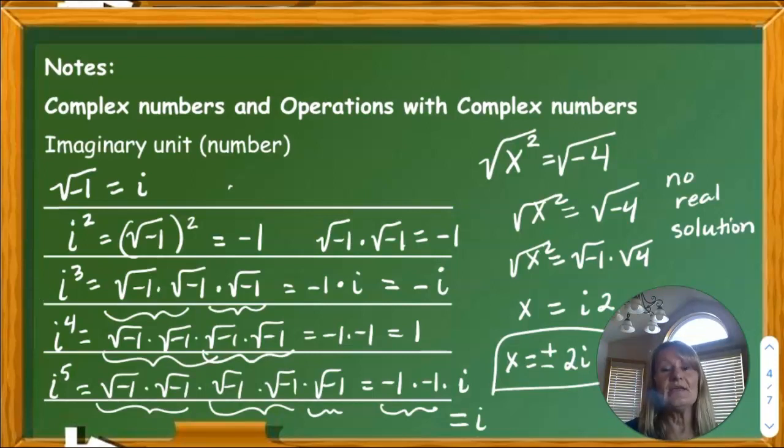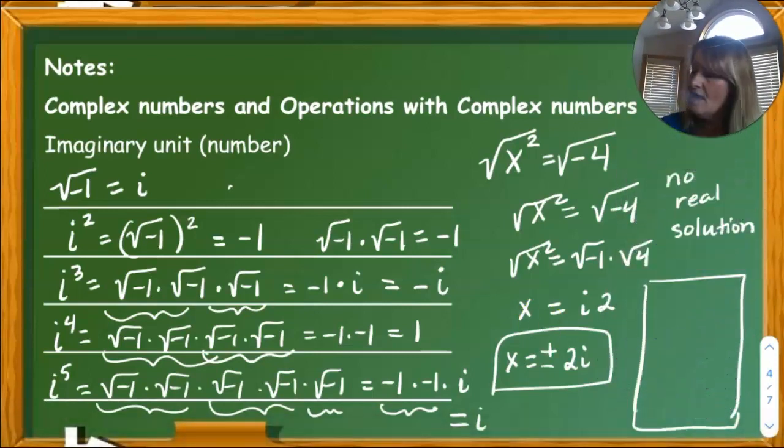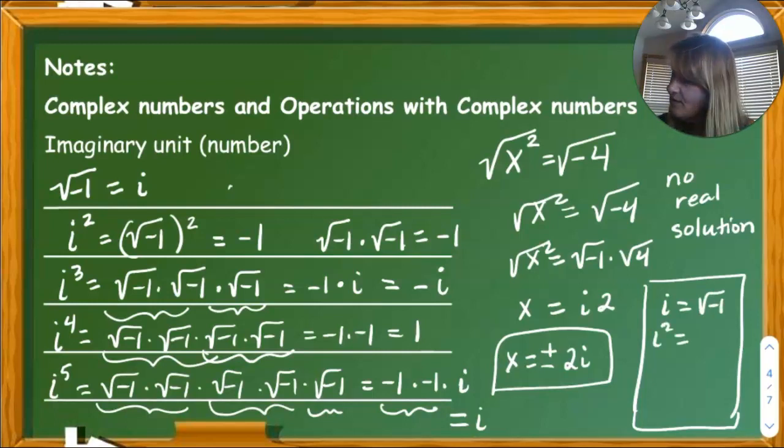But it does become a very interesting little fact that we quickly tell you to memorize. I'm just going to make a little box over here to the side. Okay, my face is right in the middle of it. So here is our rule: i is the square root of a -1. i squared is a -1, i cubed is a -i, and i to the 4th is 1.